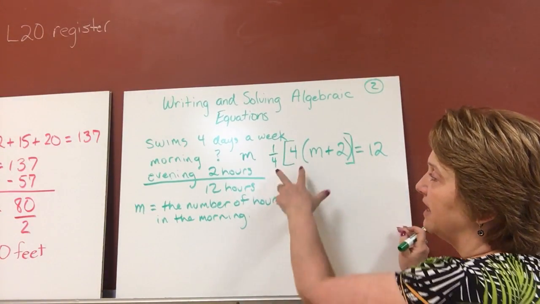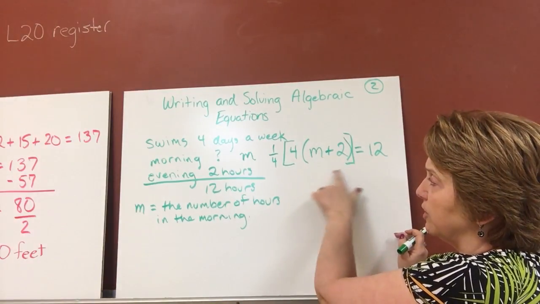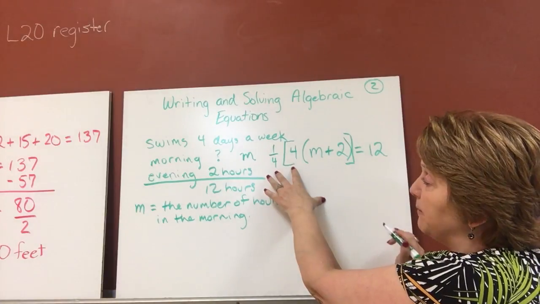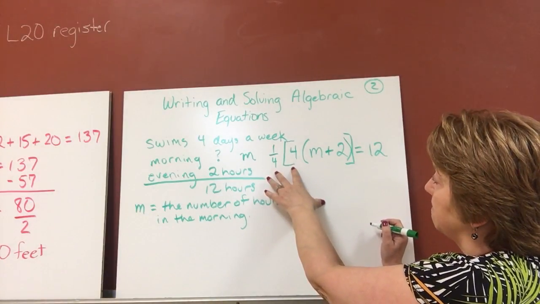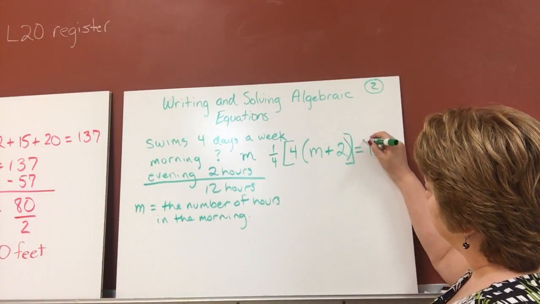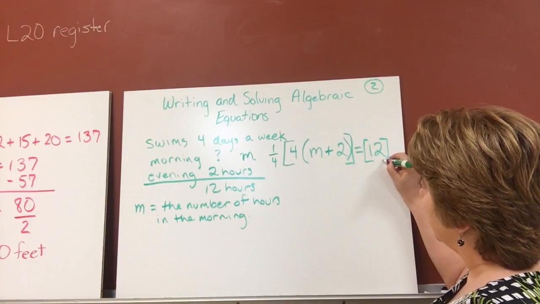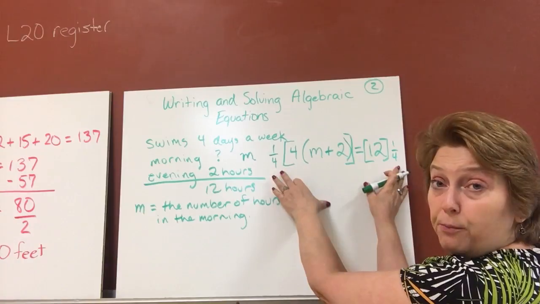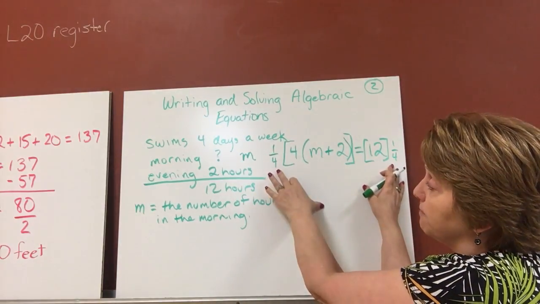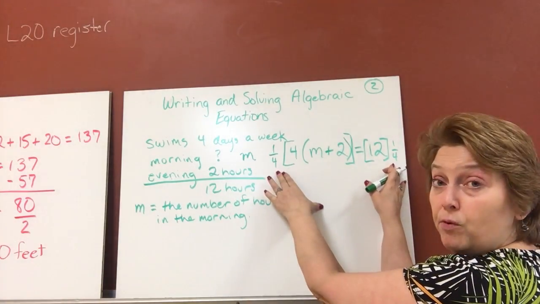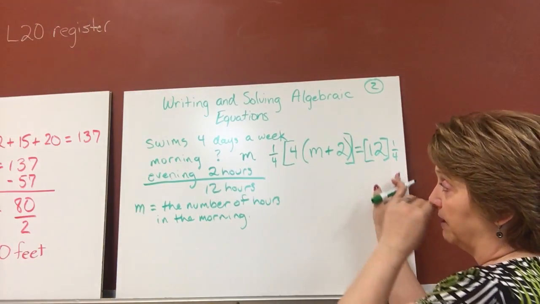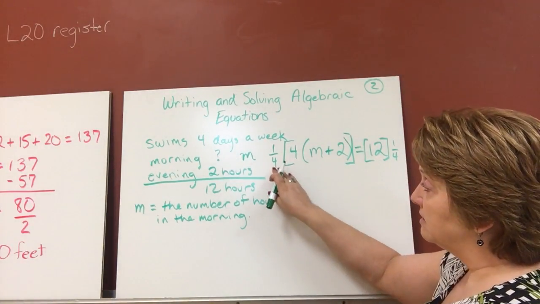So I'm going to multiply this whole side of the expression by 1/4, because what's going to happen when I do that? I'll show you in a minute, but again, I'm going to do the same thing to both sides because this is that property of equality that says if I multiply by the same thing on both sides, then these two will remain equal, okay? So this is algebraically solving this.